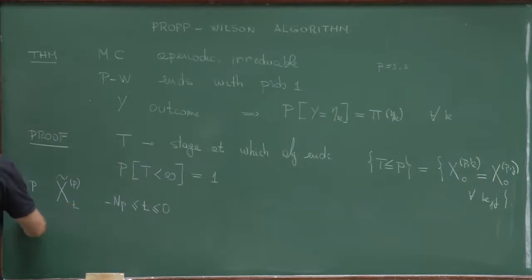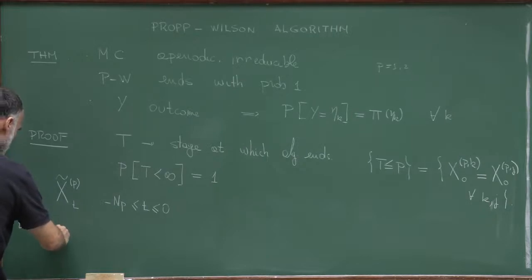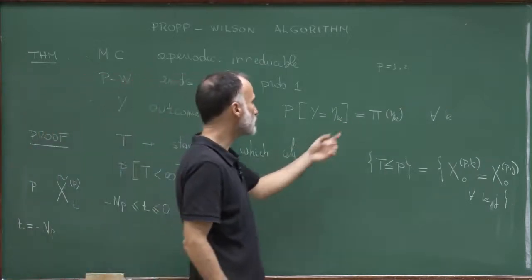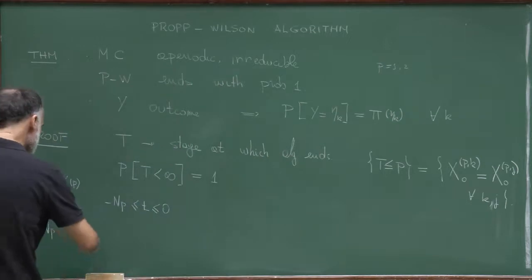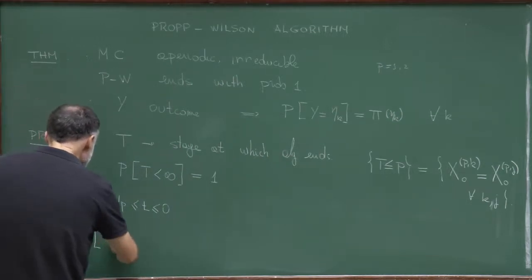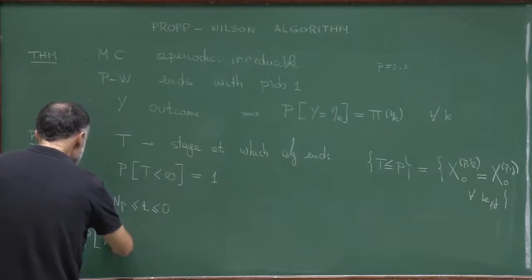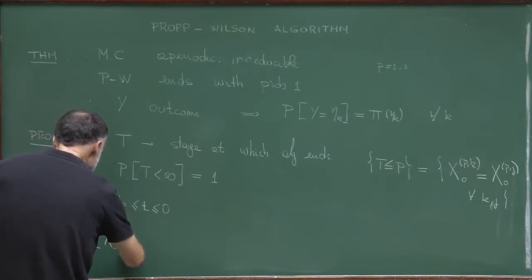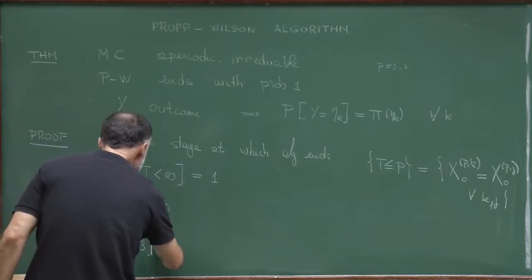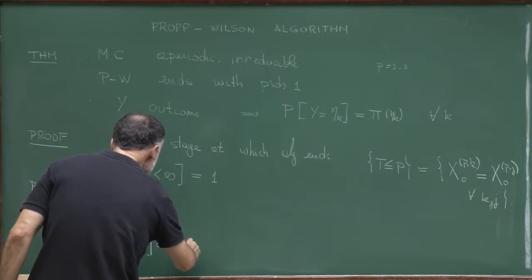At time minus n_p the initial value of this chain will be given by the stationary measure. This means that the probability that x tilde p at minus n_p is equal to xi is exactly given by pi of xi.